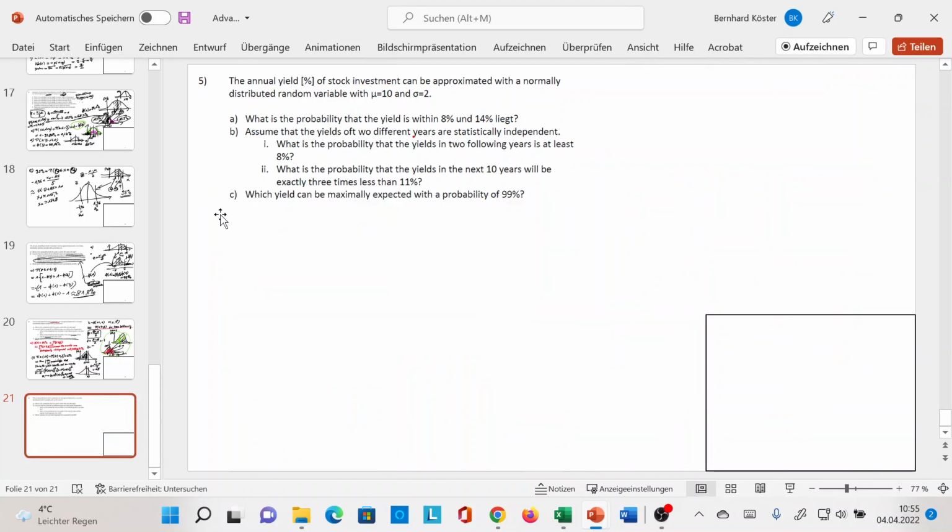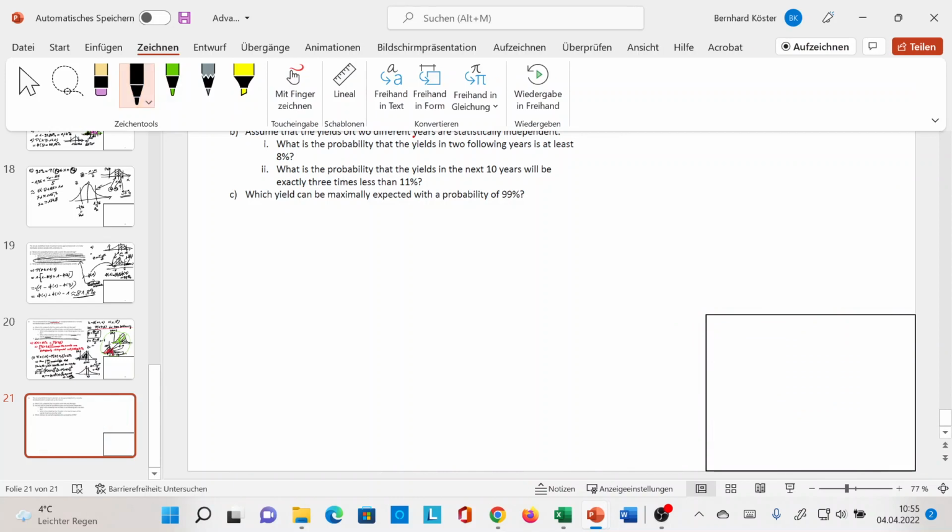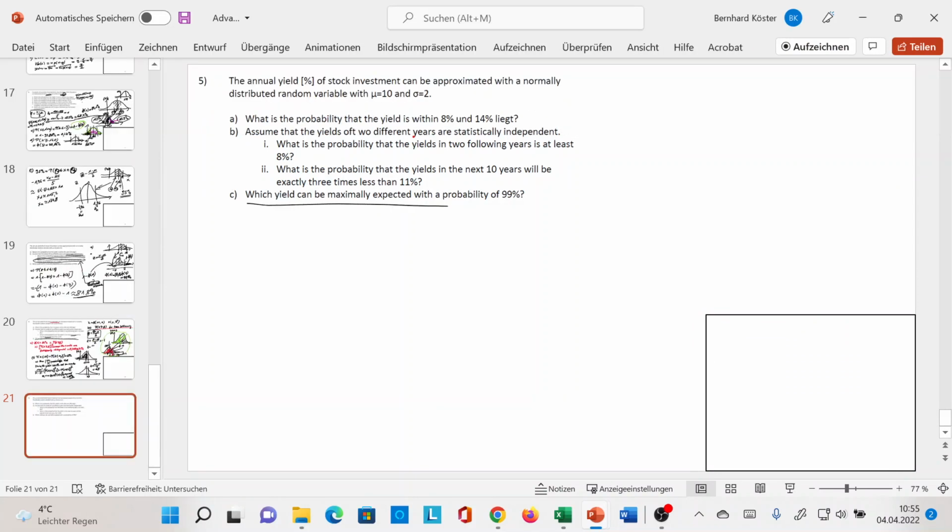And we take C. Which yield can be maximally expected with a probability of 99%? At a first look, this seems complicated, but again, think in the diagram.